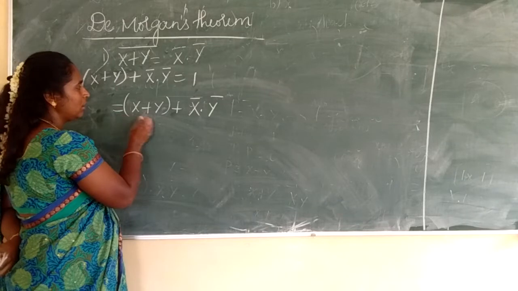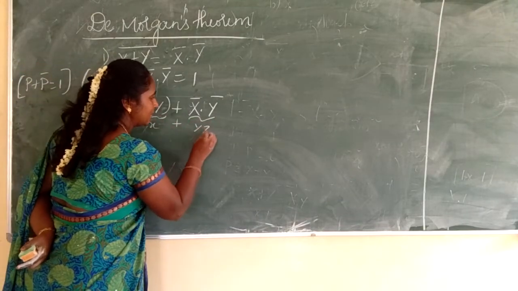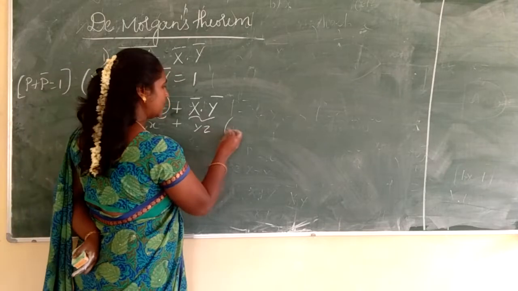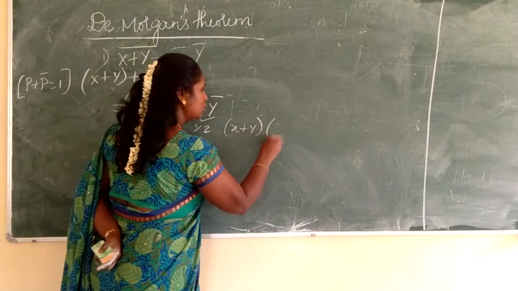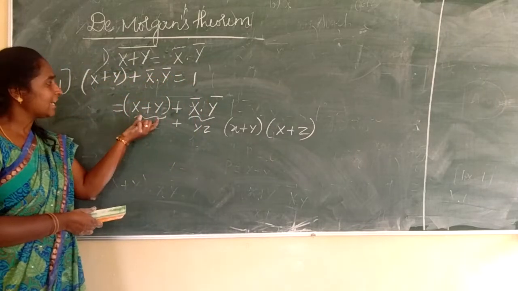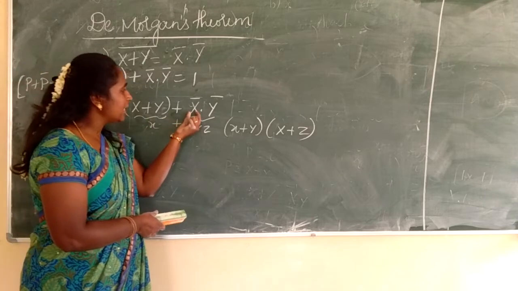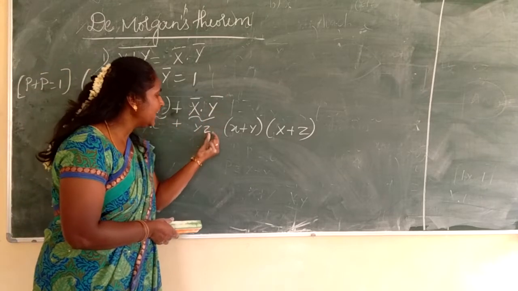So using the distributive law for x, y, z. What is my distributive law? x plus y z is equal to (x + y) into (x + z). We just solved the distributive law. Take this as the x term, x bar as my y, and y bar as my z.